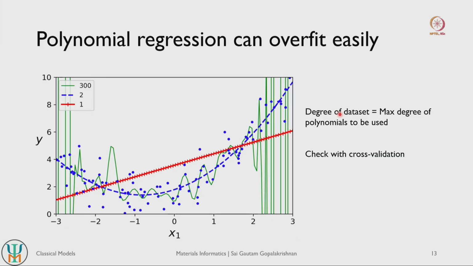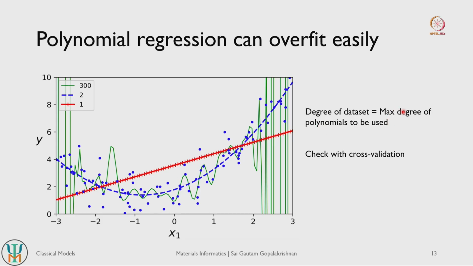So one typical rule of thumb that we use is about the degree of your data set itself. What I mean by degree of data set is, if you look at y varying as a function of x1, I see that it is roughly varying quadratically in nature. So I should restrict the maximum degree of polynomials that I am going to use to squared polynomials.